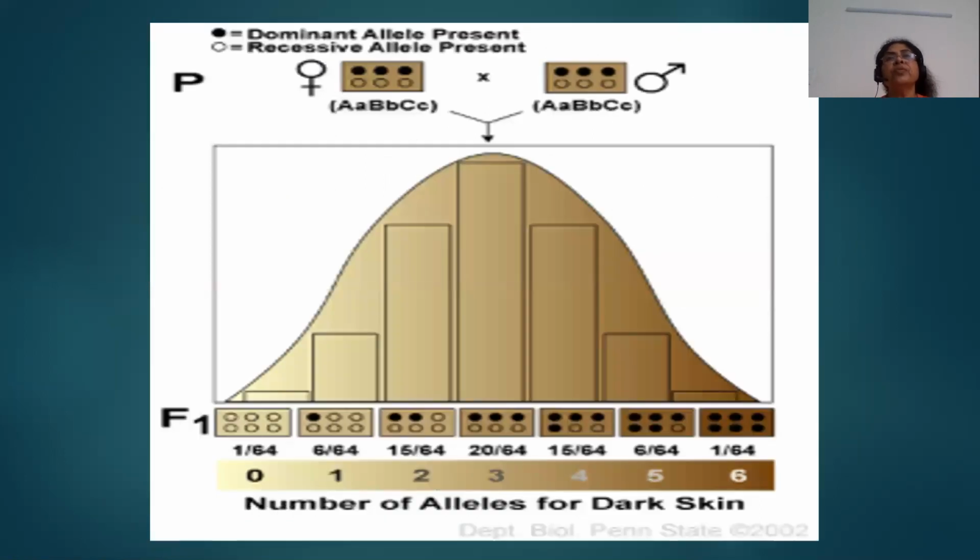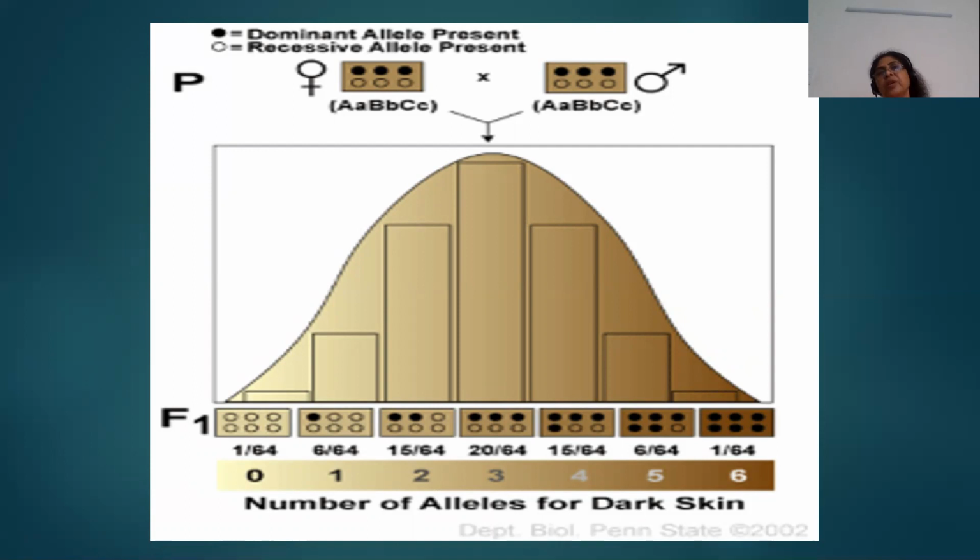If we draw a graph, it gives you a bell-shaped graph, where very dark is 1/64, dark is 6/64, fairly dark is 15/64, intermediate is 20/64.